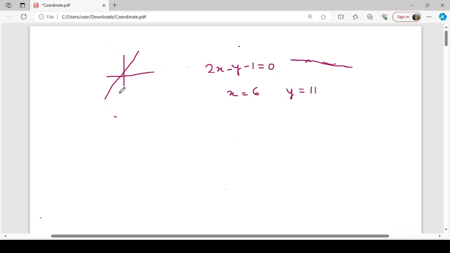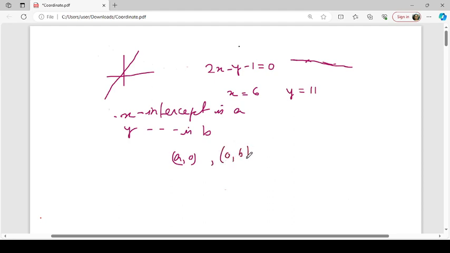The intercept form of a line is, if the x-intercept is a and the y-intercept is b, then (a, 0) and (0, b) are points on the line. So passing through (a, 0) and (0, b) you can find it easily. So it is (y minus b) by (x minus 0) is equal to (b minus 0) by (0 minus a).